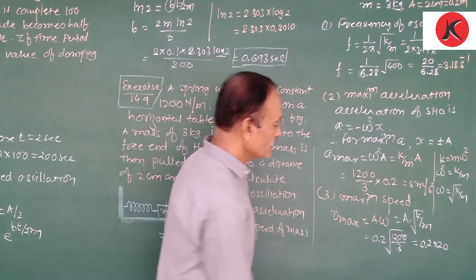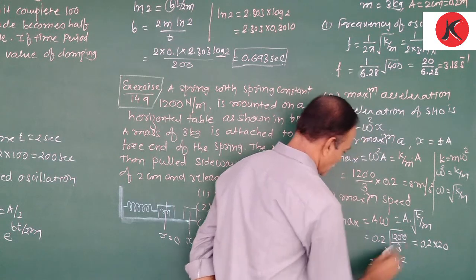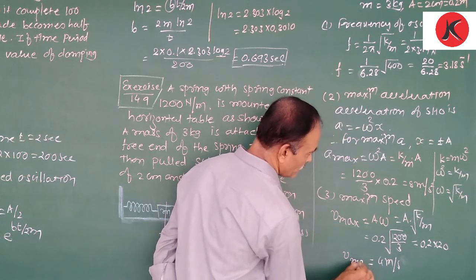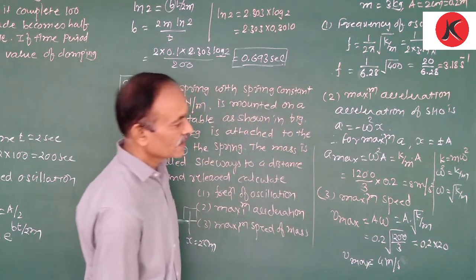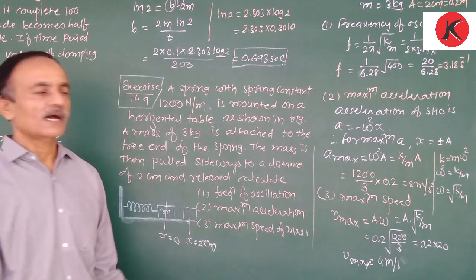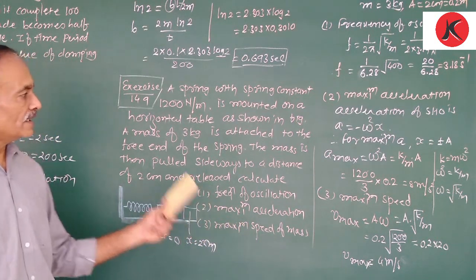Right? Therefore it is equal to 4 meter per second. That is the maximum speed. Clear? So this type of numerical may be asked in simple harmonic motion or oscillation. Clear? Okay.